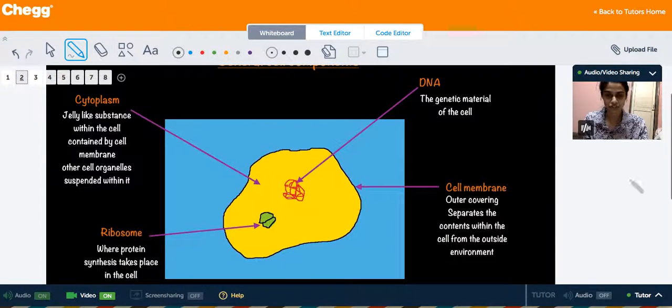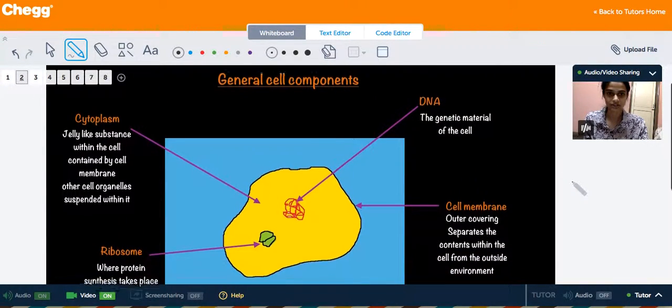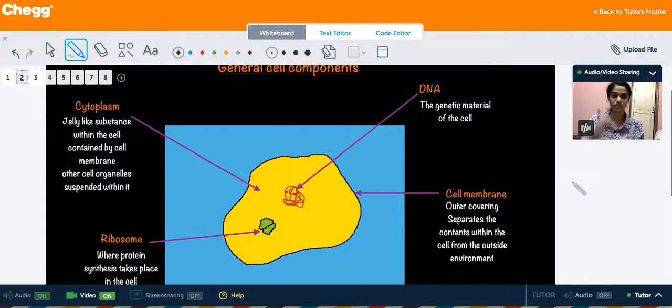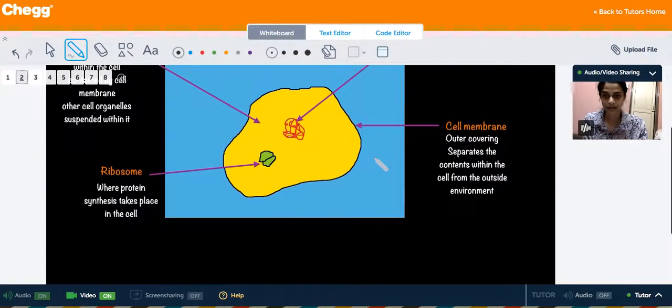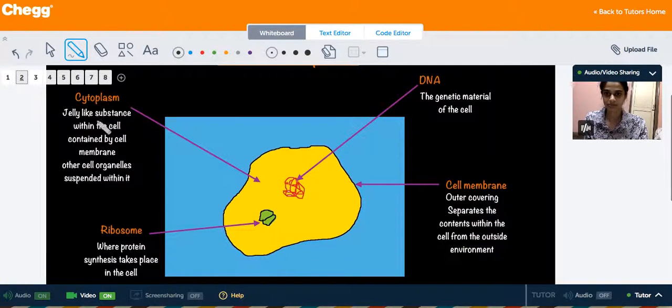So this is a picture of the general cell components. As you can see, the DNA is the genetic material of the cell, which is replicated when the cell divides. The cell membrane is the outer covering that separates the contents within the cell from the environment outside the cell. The ribosome is where protein synthesis takes place, and cytoplasm is a jelly-like substance within the cell.